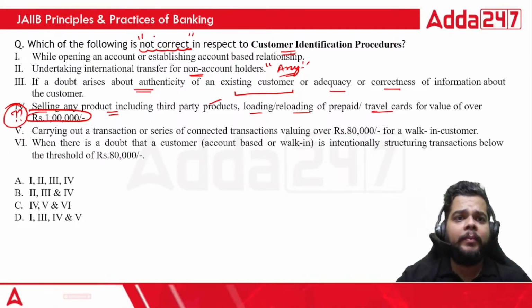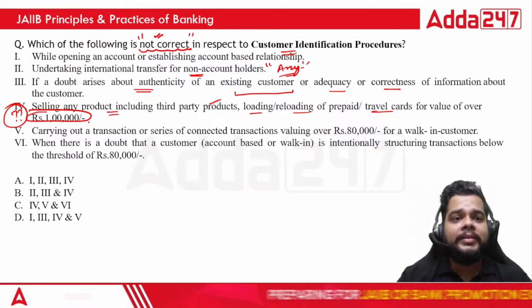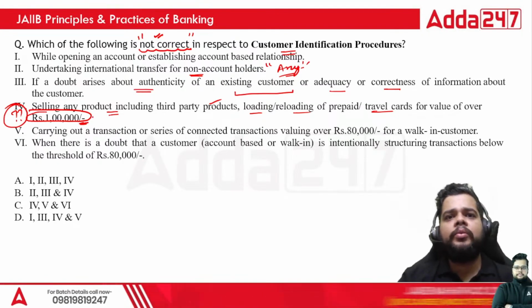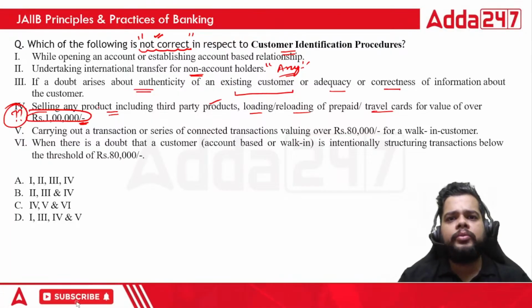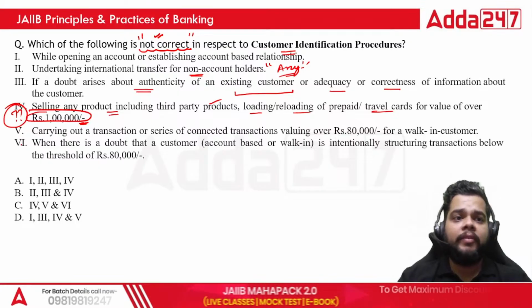So always remember to read between the lines. Like here it is written not correct. Then you must remember the amounts, the limits. By just looking into the limits only, you will be able to solve the question in a speedy manner. Otherwise, confusion will be there.